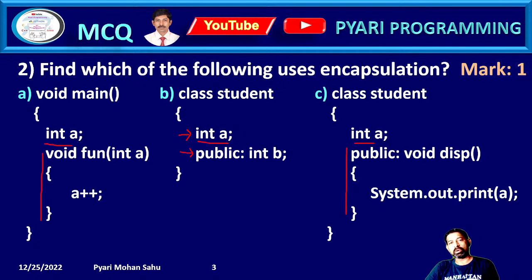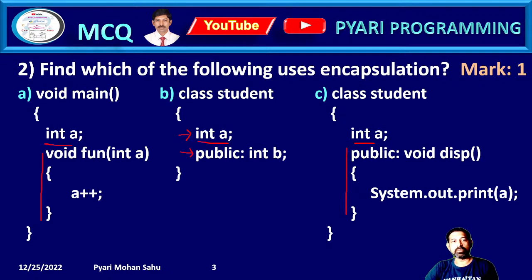But out of all these three, which one indicates encapsulation? Just now I told you encapsulation is nothing but wrapping up of your instance variables and methods into a single unit. According to that definition, which code satisfies it?